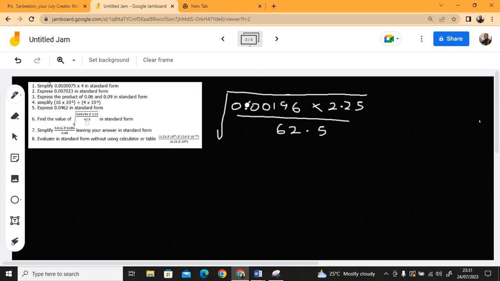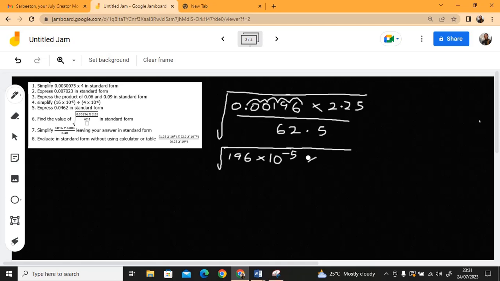Now you move this thing 1, 2, 3, 4, 5. So here you have square root of 196 times 10 raised to power, you move 5 times, minus 5.